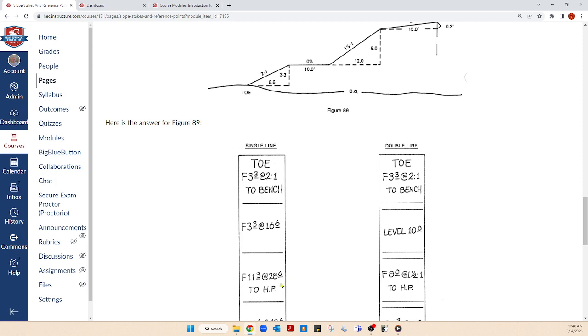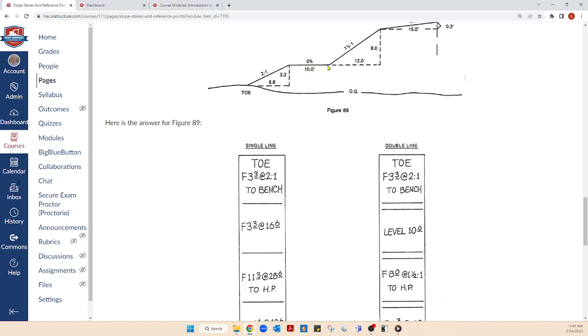I'm thinking. Fill 11 at 18.6, 16.6, and 12 plus 12 is, wait, I've got a mistake here. Let me start over. 6.6, 6.6 plus the 10 feet equals 16.6.